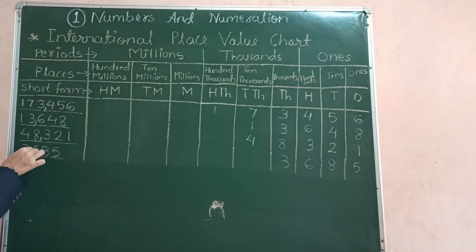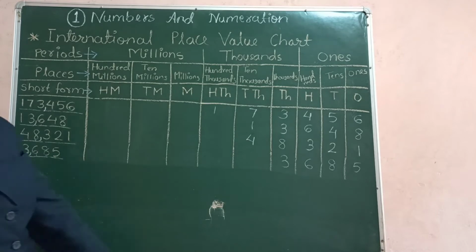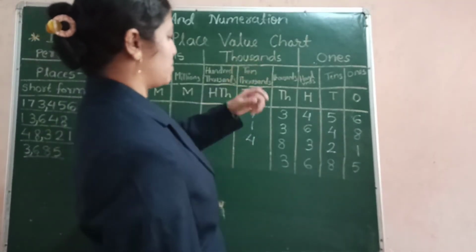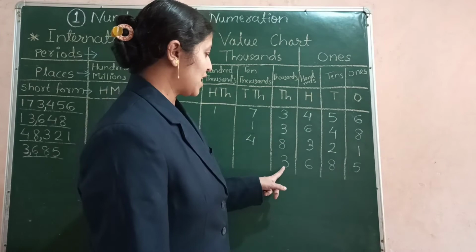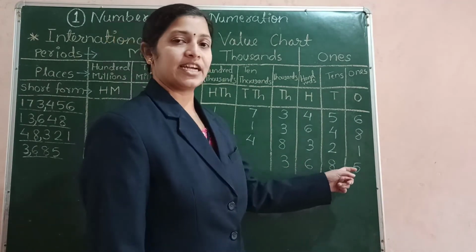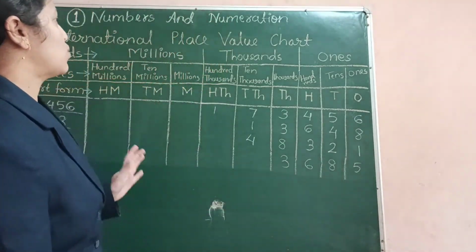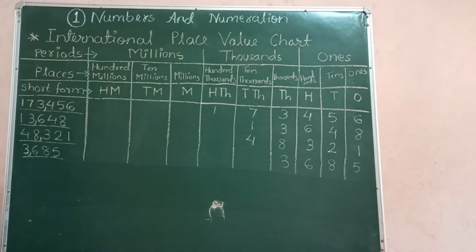So before 6 we will add a comma, because 6, 8 and 5 come in ones period while the 3 comes in thousands period. And how do we read it? We read it like 3,685, because 3 is the only number in thousands period. So this was about the international place value chart.